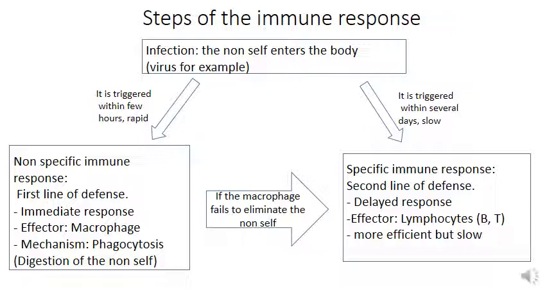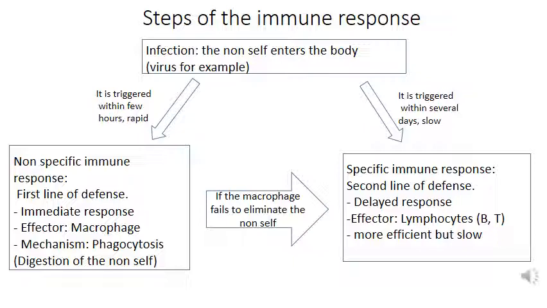In case the non-specific immune response fails to eliminate the antigen, so if the macrophage fails to eliminate the non-self, what happens then? A second immune response is going to be triggered, and we call it specific immune response, which is the second line of defense.